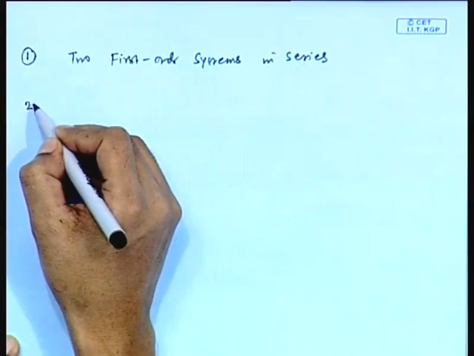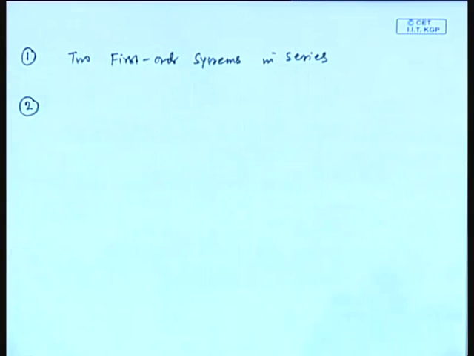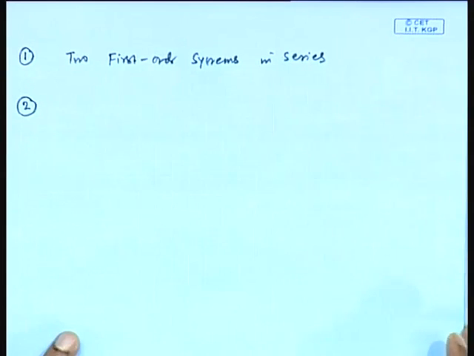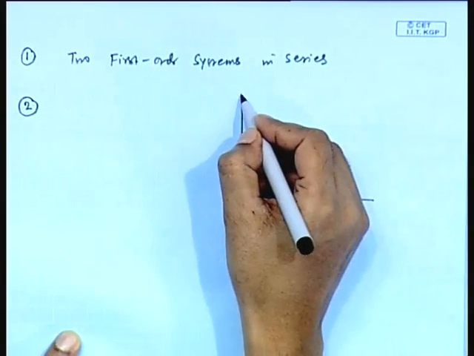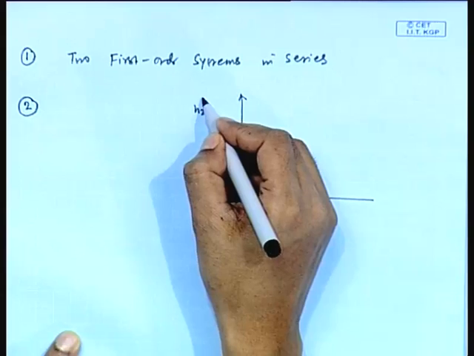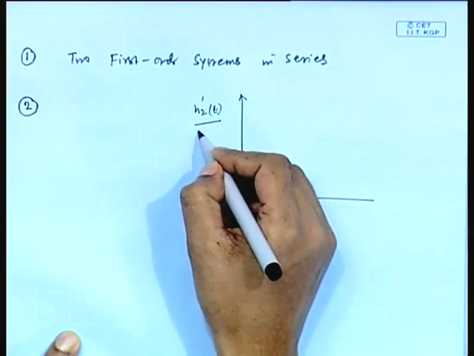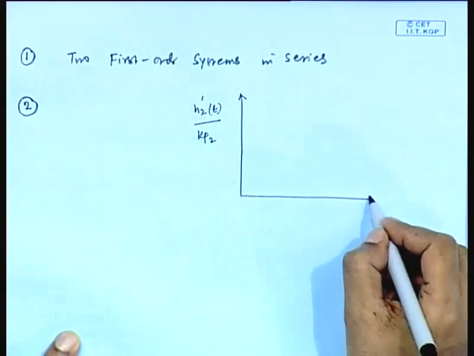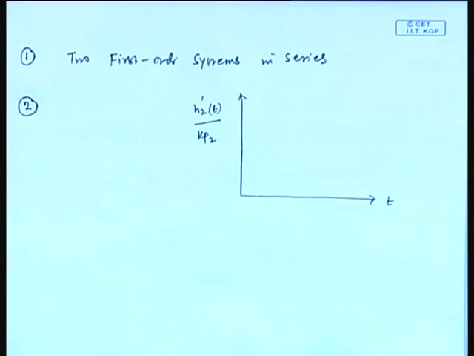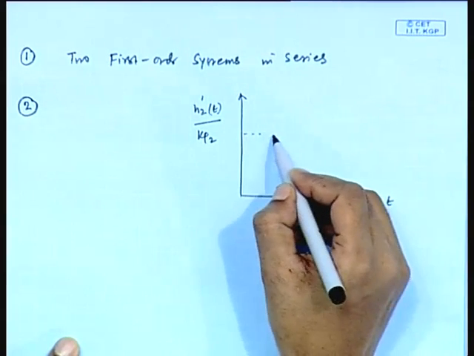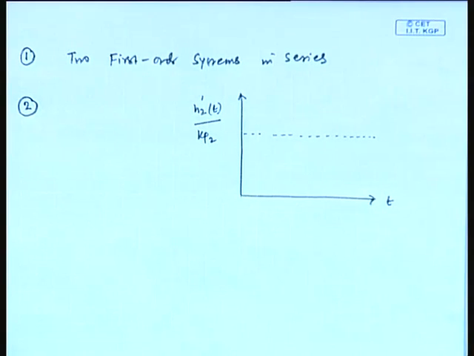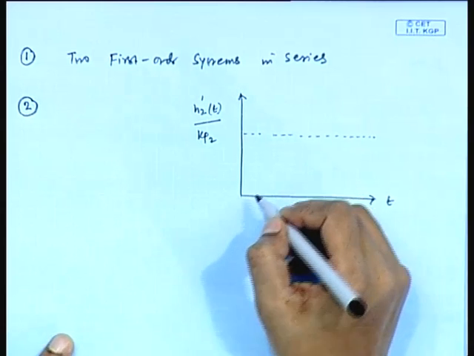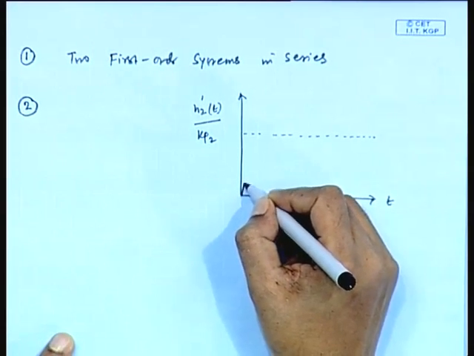Second thing is, we wish to observe the behavior making a plot. So, this is H2 prime t divided by Kp2 versus time. The steady state is represented by the dotted line, and the dynamics is like this.